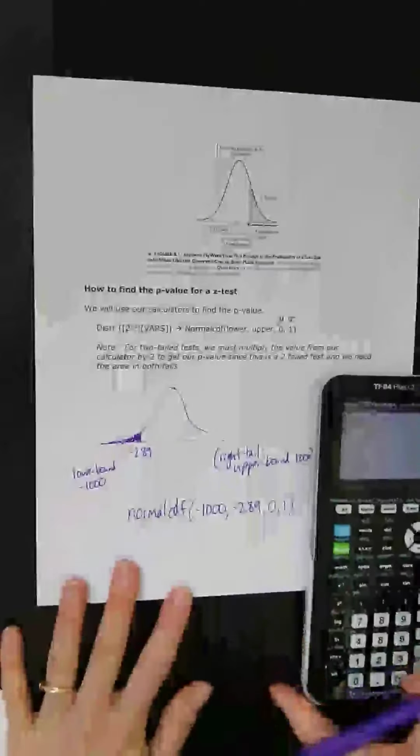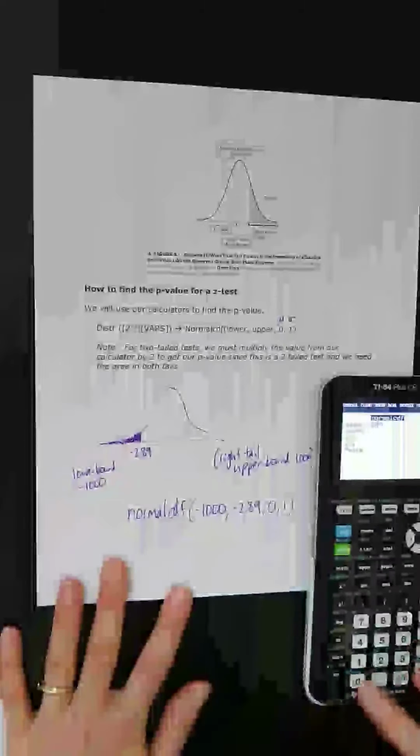So we'll do normal CDF, negative 1,000, negative 2.89, that's the lower bound and the upper bound, and then 0 and 1 for the mean and standard deviation. So normal CDF, lower, negative 1,000, upper, negative 2.89. Don't think of lower and upper as lower has to be negative and upper has to be positive, okay? It's just the left to the right, which part is shaded, and that's what you're going to be finding.